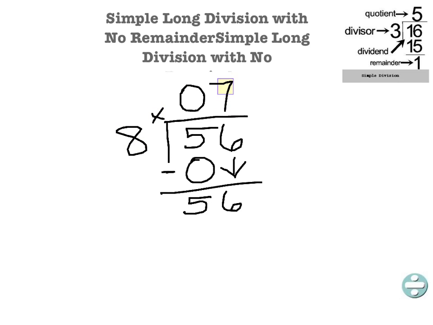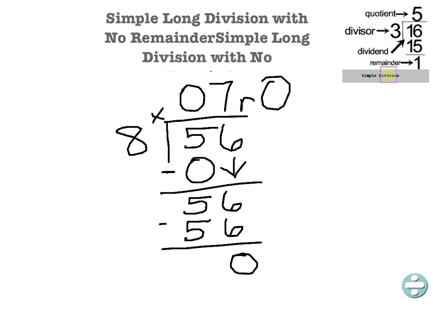We've got to take that 7 and multiply it by the 8. 7 times 8 is 56. So that answer goes here, and we subtract. 56 take away 56 is nothing, 0. So the remainder is 0. So 56 divided by 8 equals 7 remainder 0. And there you have it.